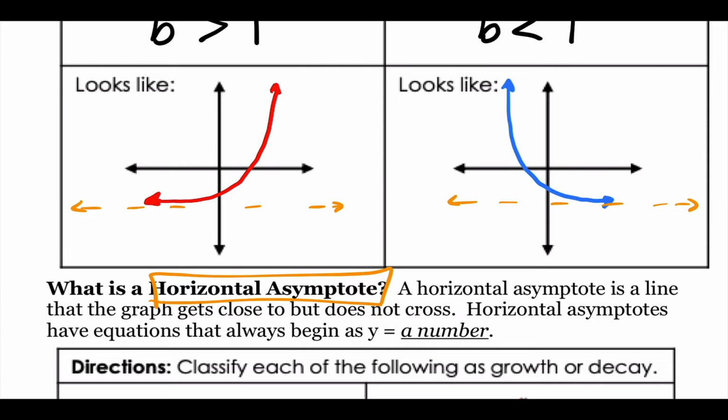So how do we label those? Well, which one is it passing through? Is the orange passing through the y or the x? It's passing through the y, right? So we always say y equals and then a number, wherever that is. Y equals and then whatever number it's passing through.